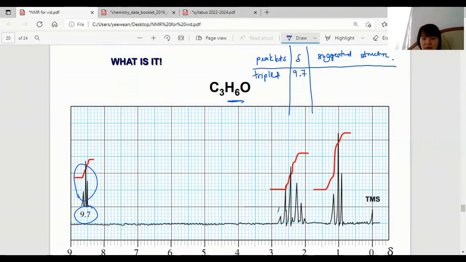And this is 1, 2, 3, 4, 5, a quintet. I'm going to show you how to determine more clearly how I know this is a quintet and why I don't count this as a sextet. Okay, later after this. This would be around 2.4, so plus minus. And there is one more triplet, around 1.0.